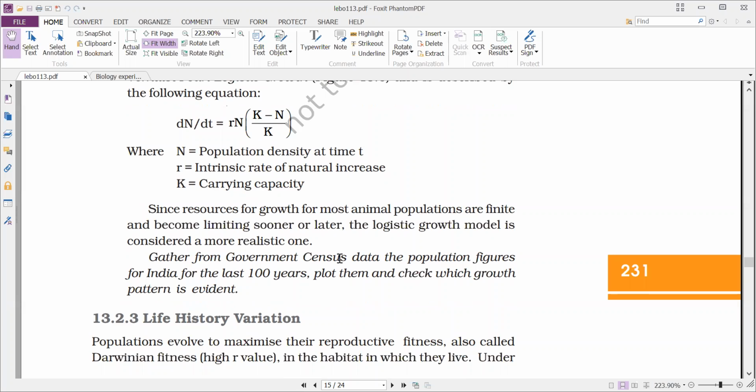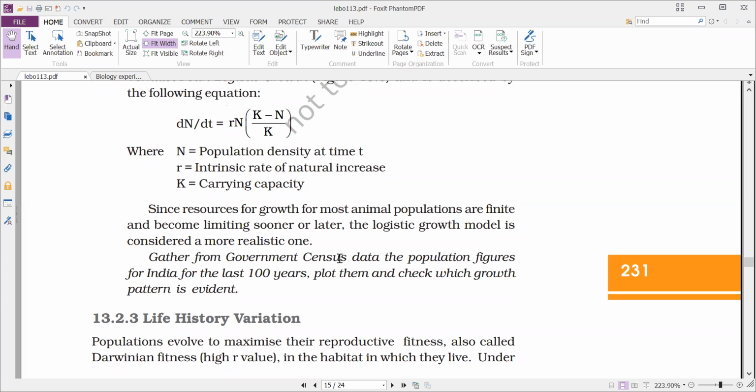So that means since resources for growth for most animal populations are finite, finite means limited, and become limiting sooner or later. So the logistic growth model is considered as a more realistic one. That means exponential growth is usually not observed in nature. It is not considered a realistic growth curve.